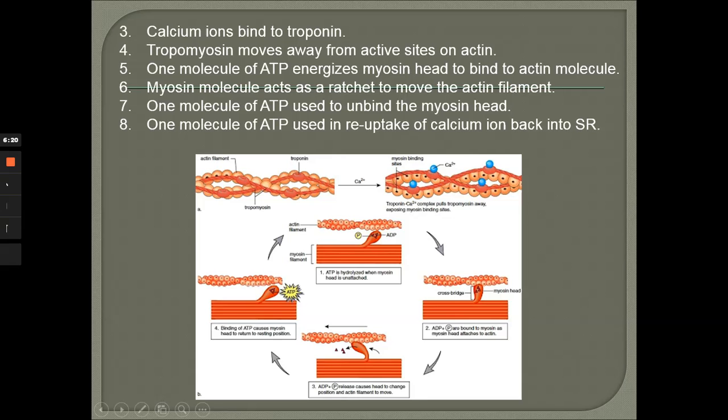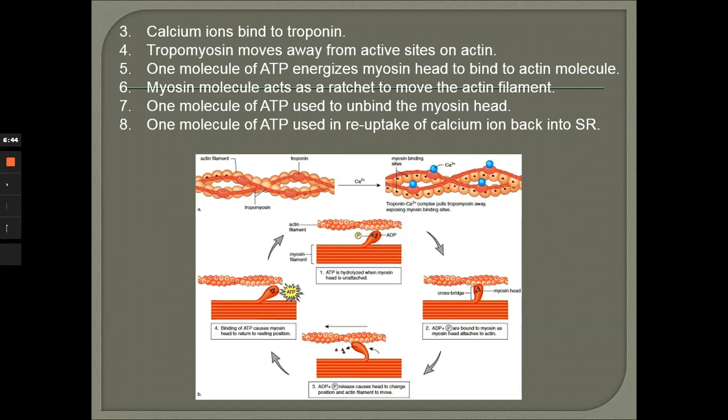Now we have to look at what's going on with the myosin. What happens is that once these are uncovered, the myosin are ready to bind to the actin. So one molecule of ATP energizes the myosin heads. And what will happen is it will pop up and bind to the actin. So that's number 5.